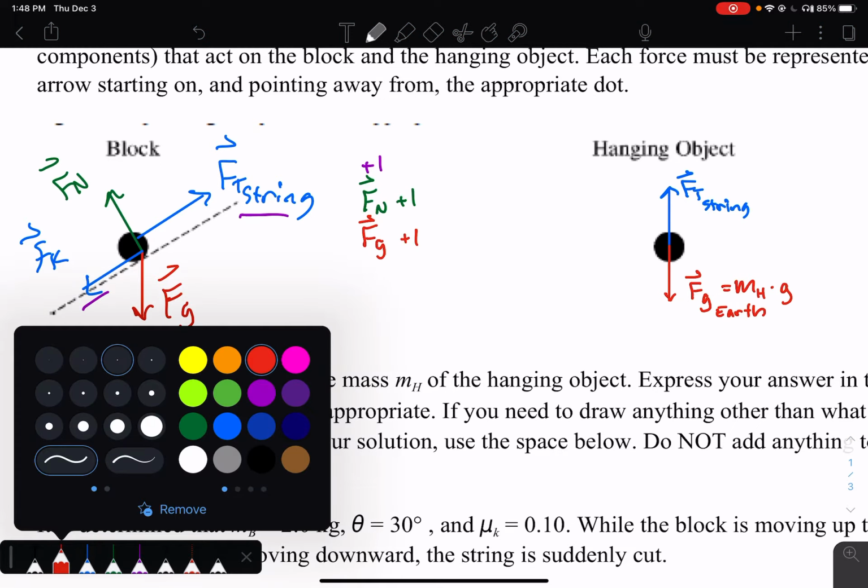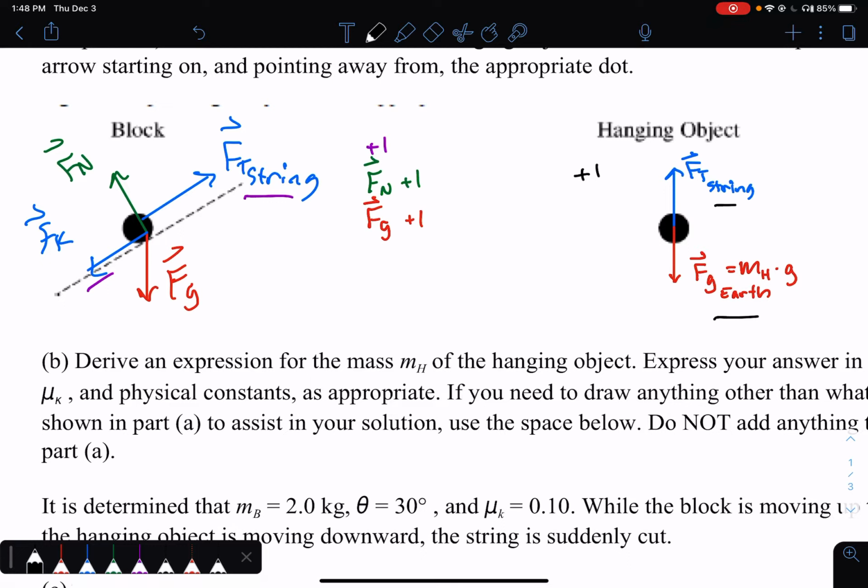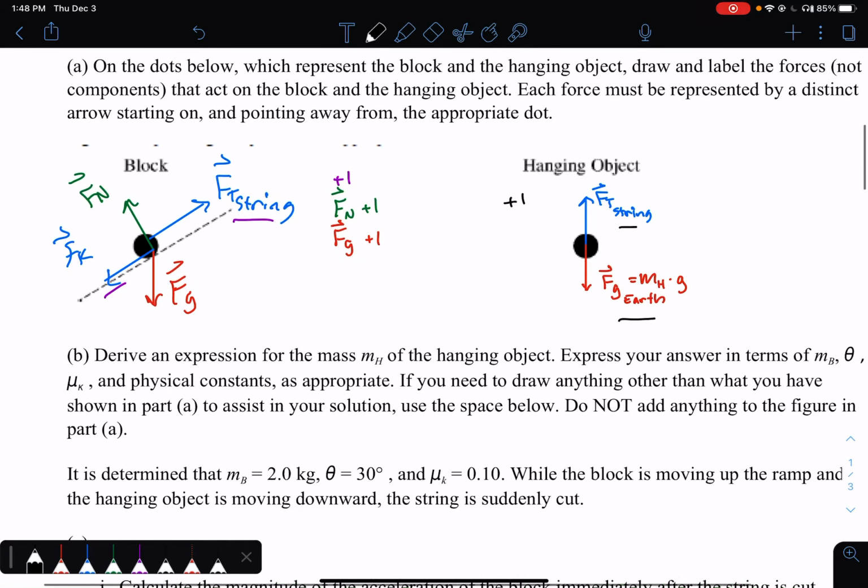The last point for this problem comes from getting both forces on the hanging mass. You didn't have to draw them equal to each other, but you did have to draw both of them to get that fourth point.